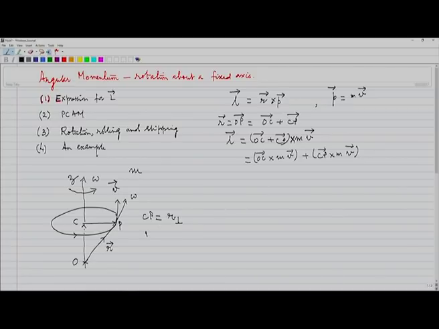So the value of V, the linear velocity, would be R perpendicular times omega.